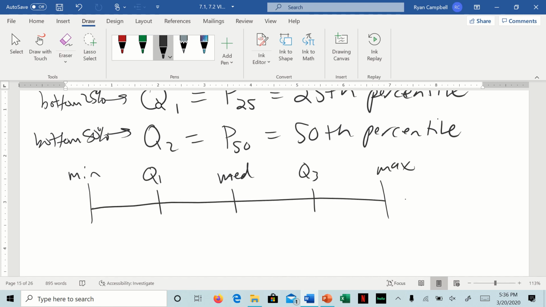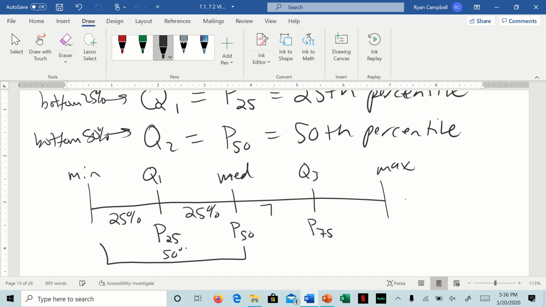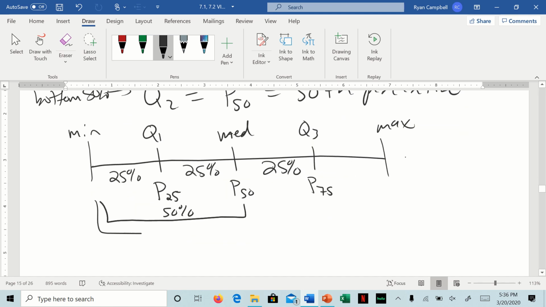So going from left to right, P25 is the bottom 25%. P50 is the bottom 50%. P75 is the bottom 75%, because 25 plus 25 is 50, and three 25s, the whole thing is 75, right?